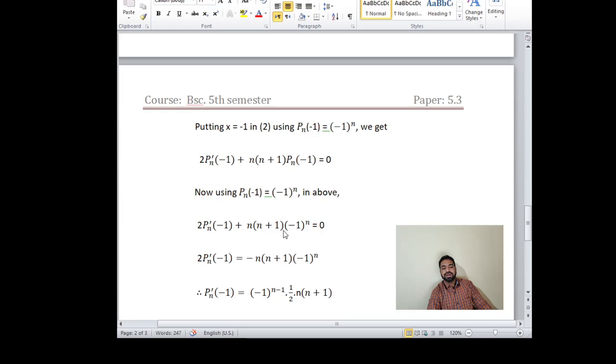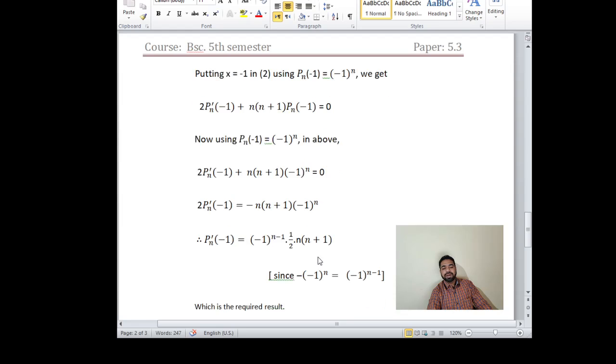Now we shift the other side, so this takes minus n into n plus 1 minus 1 raised to n.